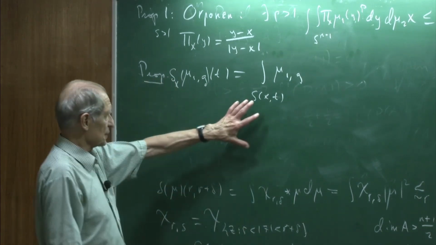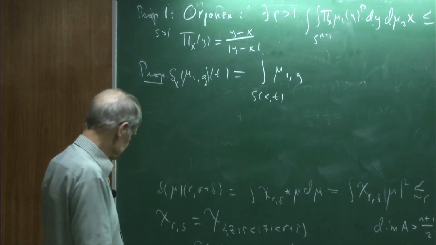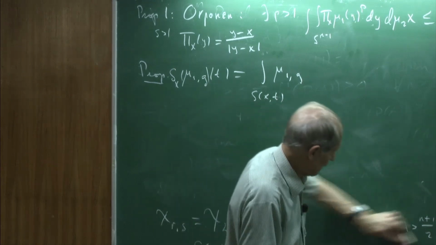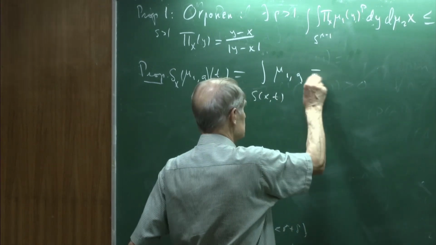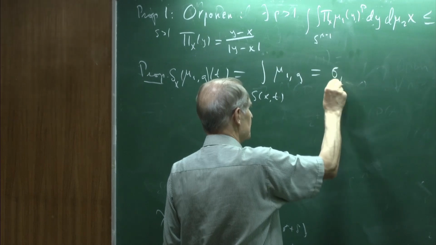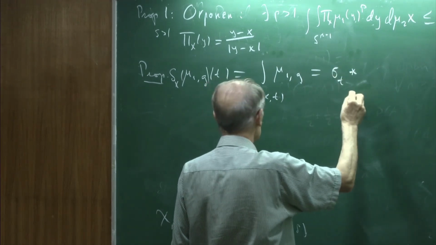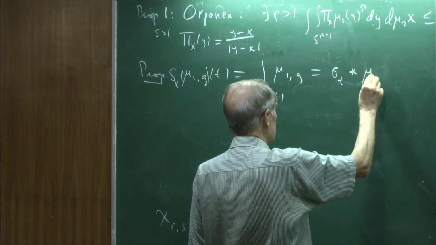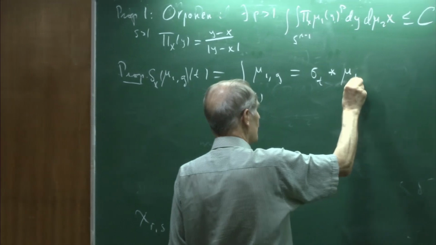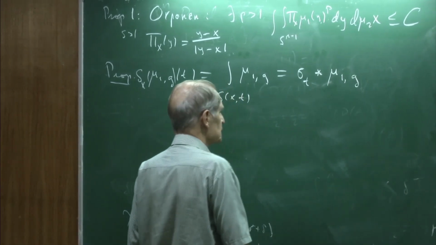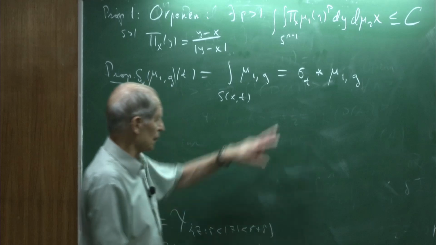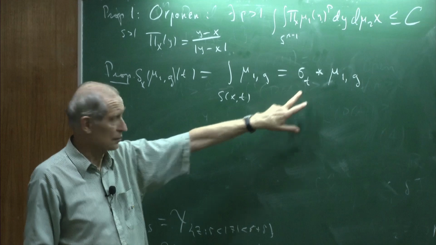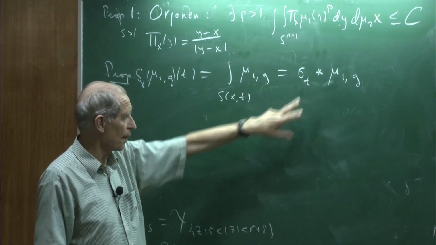You can easily check this, and then you can write this as sigma t convolution mu1 g. Sigma t is the normalized length measure on the circle of radius t. So this is the same thing then.